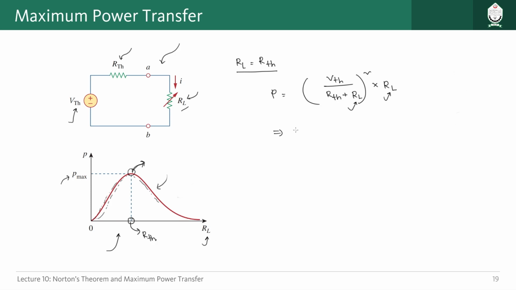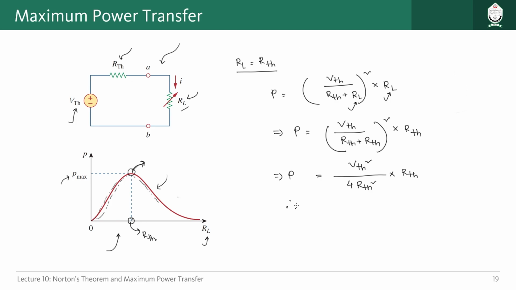So P is equal to VTH divided by (RTH plus RTH) whole square, multiplied with again RTH. So we have VTH square, at the bottom it should be 4 RTH square multiplied with again RTH.